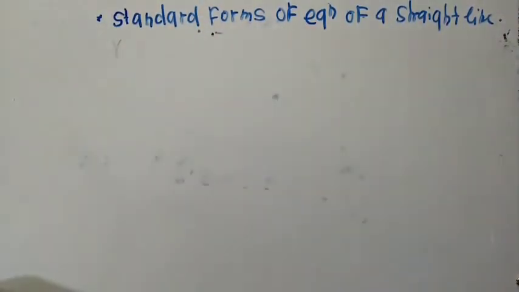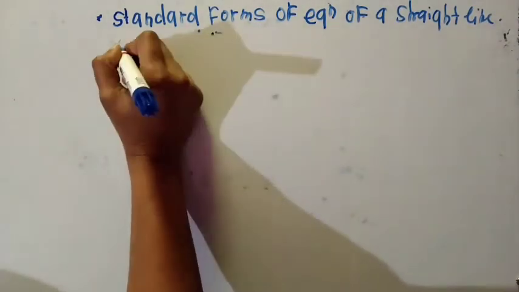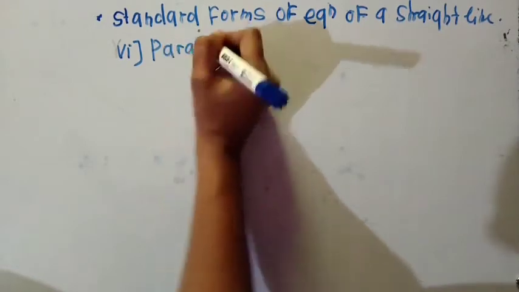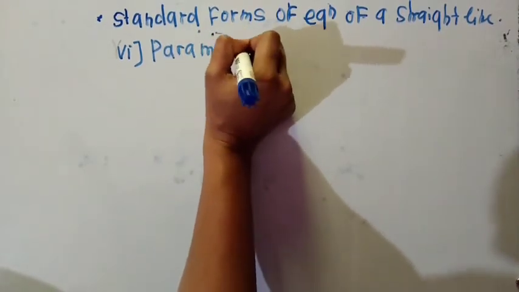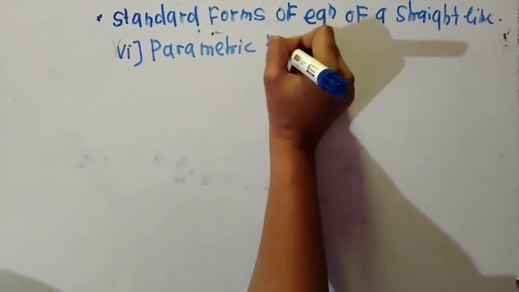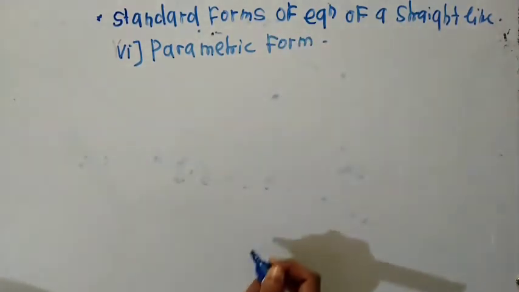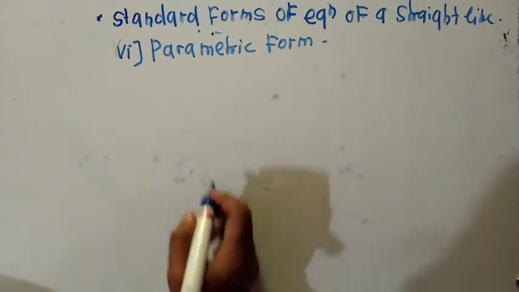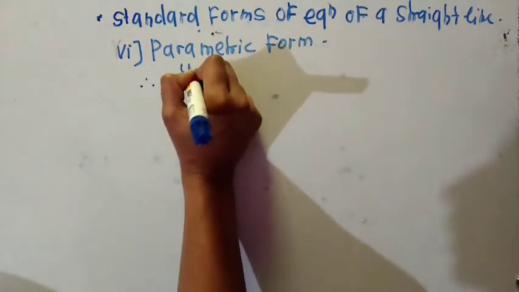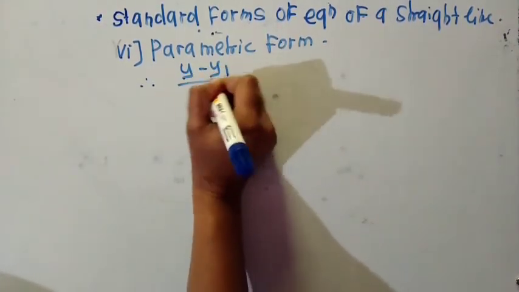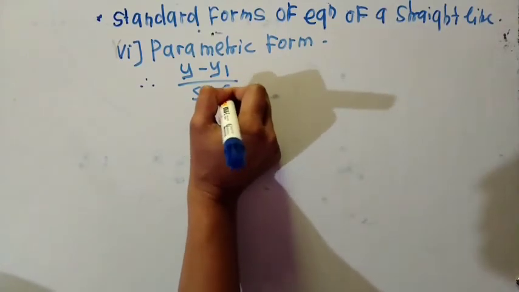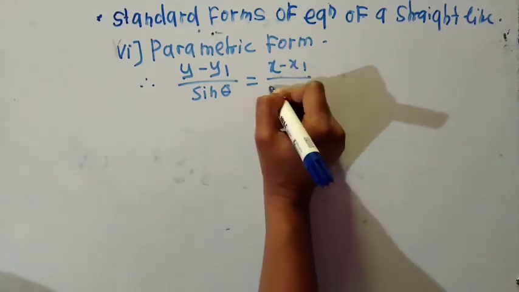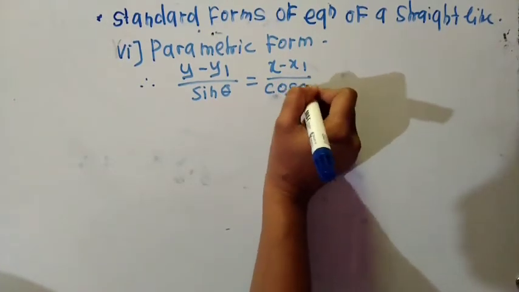Then we give the parametric form. Equation of line in parametric form is given by y minus y1 upon sin theta is equal to x minus x1 upon cos theta.